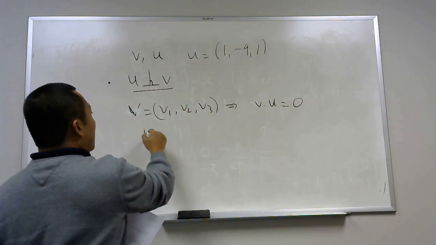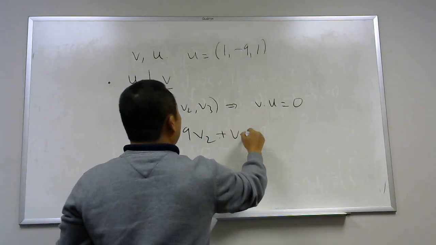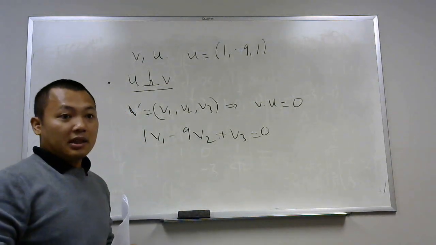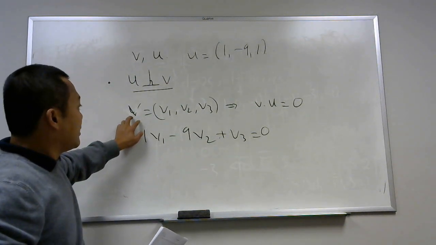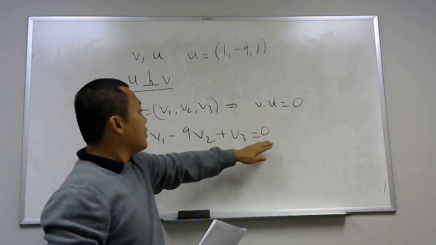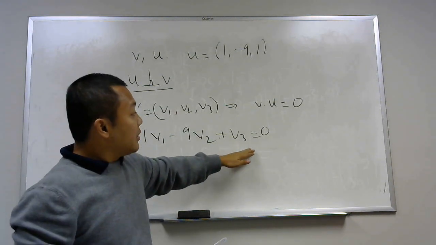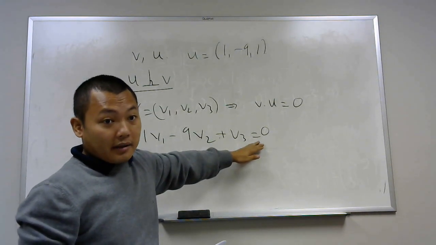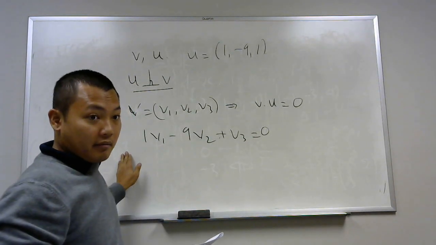From here I get 1 v1 minus 9 v2 plus v3 equal to 0. So the set of all vectors v that are orthogonal to u should satisfy this equation. That is nothing but the solution space of this homogeneous system.